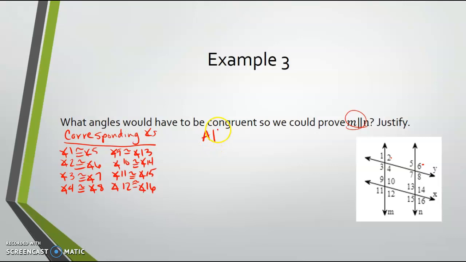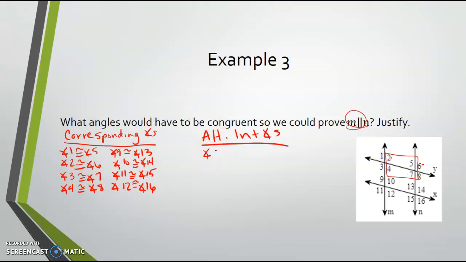Now we're going to go to our alternate interior angles. And when it comes to alternate interior angles, again, I'm going to go to Y. These are my, not 1 and 3. I went a little too far with that. 2, 4, 5, and 7 are my interior angles.